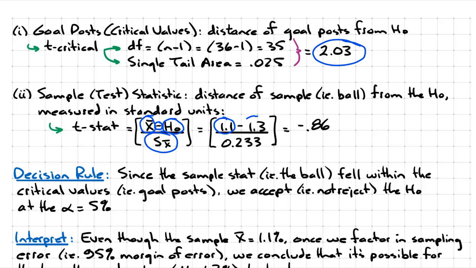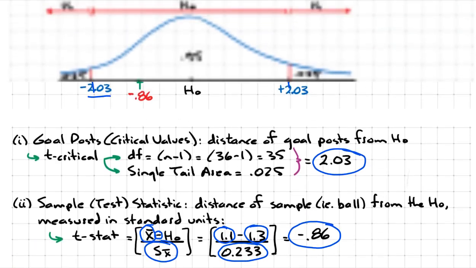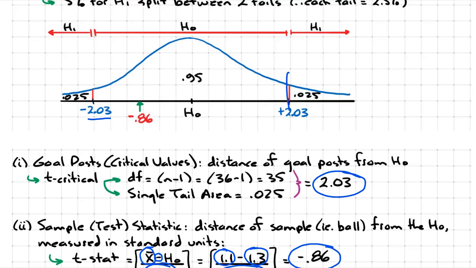That's it. So we just plug in the values. So here's the sample mean, here's the hypothesized value, and here's the standard error of the mean. So therefore, the sample deviated by negative 0.86 standard errors from the null. So when we go to our table, that's exactly what we see. The sample, again starting from the null, only deviated negative 0.86 standard errors.